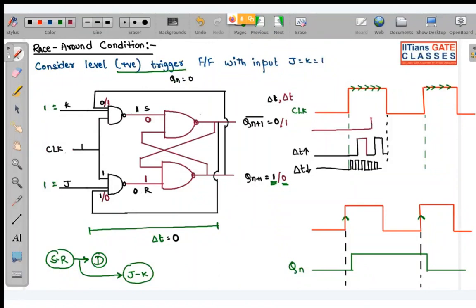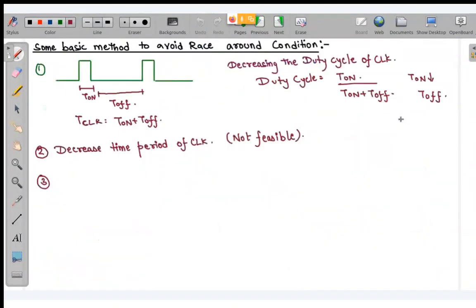Means like something like this, we have increased the propagation delay very much. Tell me, is that a very good thing, increasing the propagation delay? Increase del t. So that is also not feasible. Why? Because then our circuit or the operations are going to become very slow.